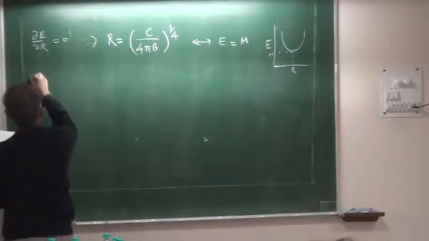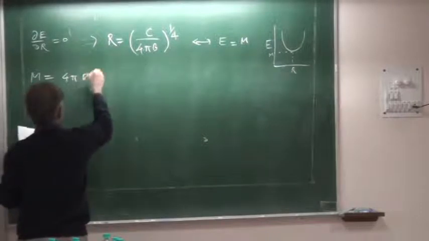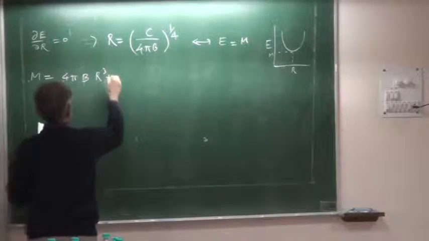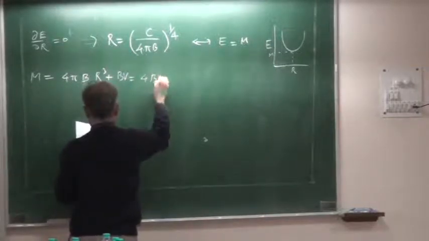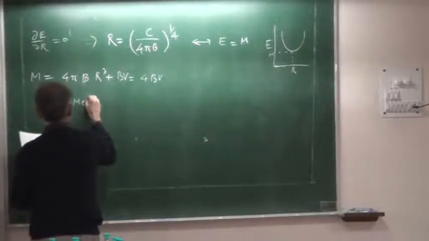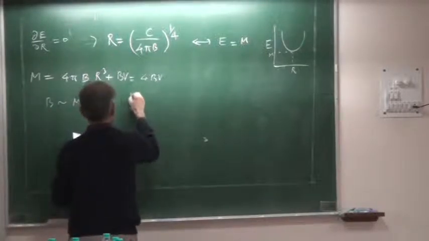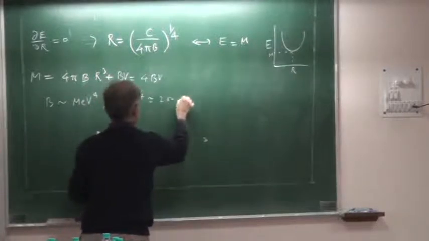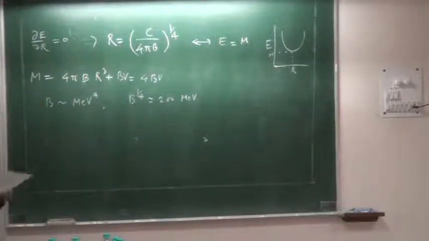So the mass comes out to be 4 pi, the integral of 4 pi r squared dr plus the volume term. B comes out to be approximately 200 MeV.